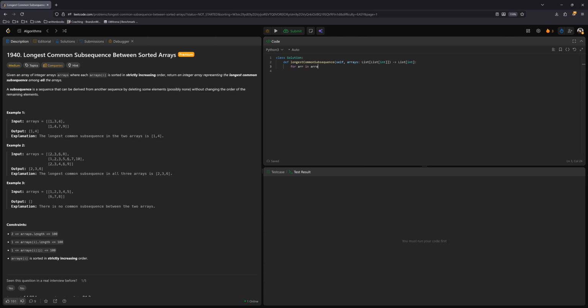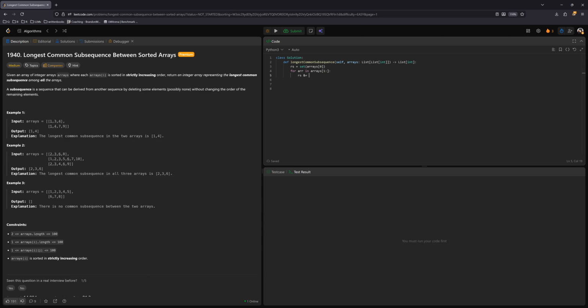For ARR in arrays. Running set equals set of arrays 0. God, I really feel stupid right now. All right. RS and equals, it's just if they both share the set, because they're already sorted.